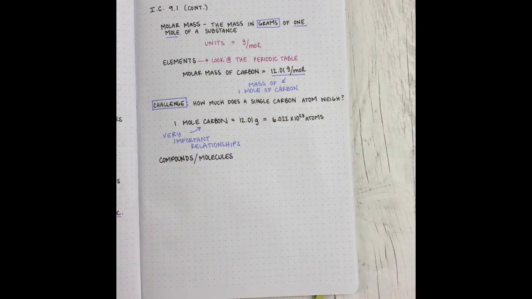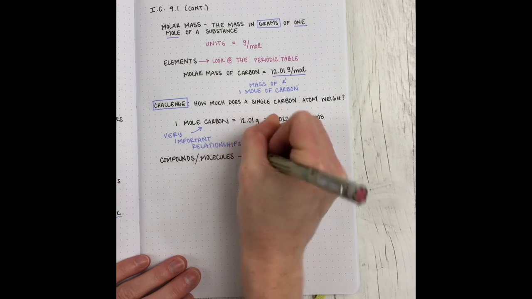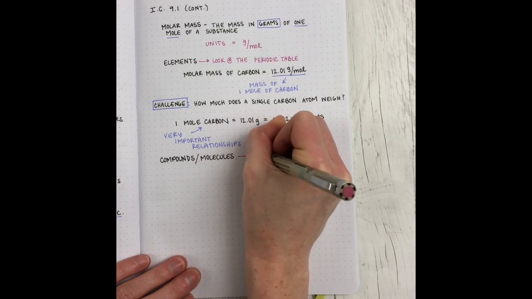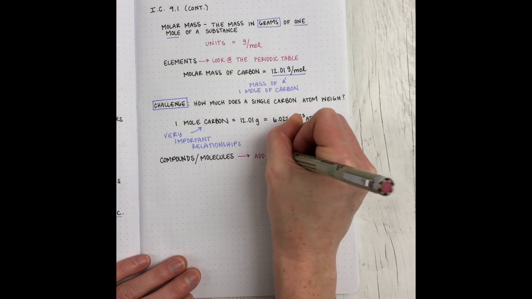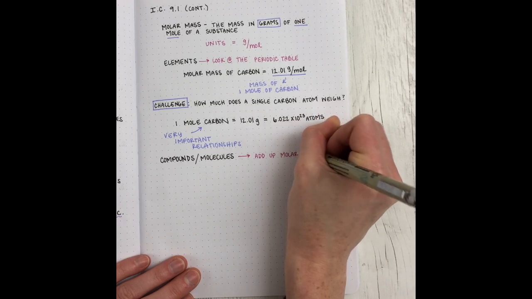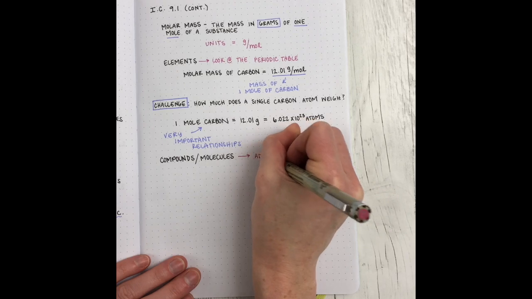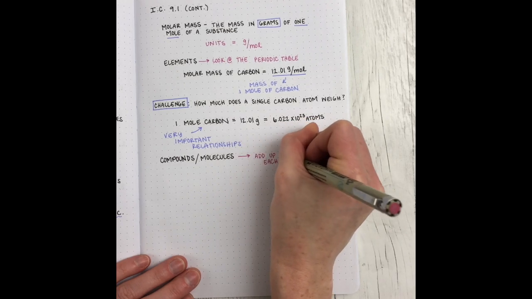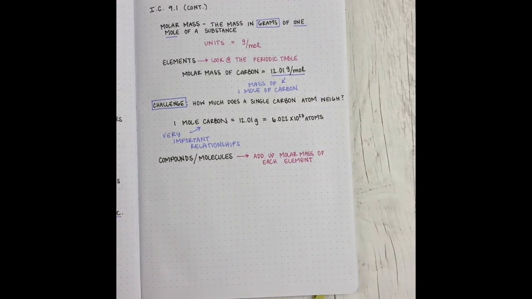So when you're determining the molar mass of a compound, or a molecule, what you're going to do is add the molar mass of each of the atoms that make up that compound together. So you're going to add up the molar mass of each element.